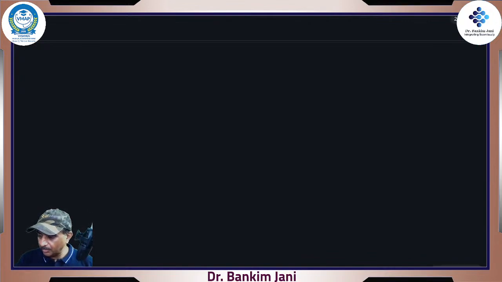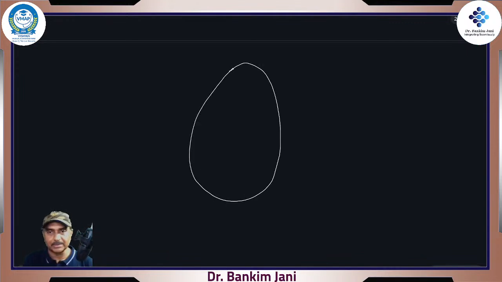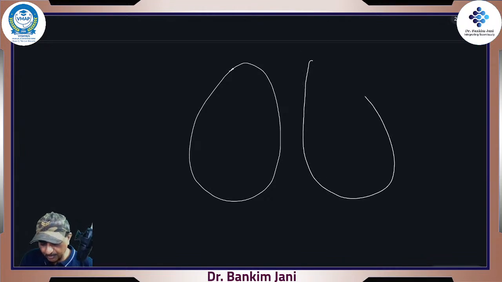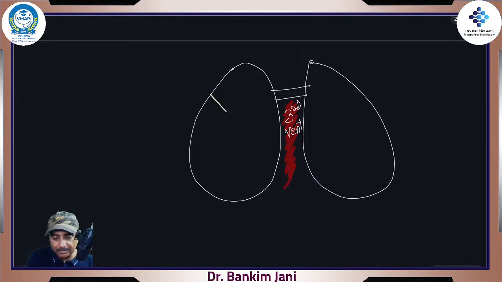We go for some schematic diagrams, and those schematic diagrams will make your concept still clearer. Take an egg-shaped thalamus, and another egg-shaped thalamus. Connect both of them by interthalamic adhesions, right? In between, what would be there? In between, it would be the third ventricle, because that is what is in between. And these are the Y-shaped band.